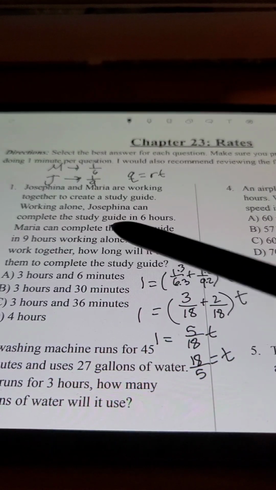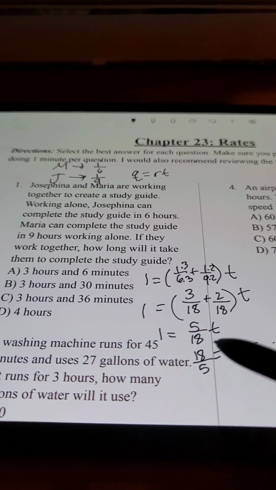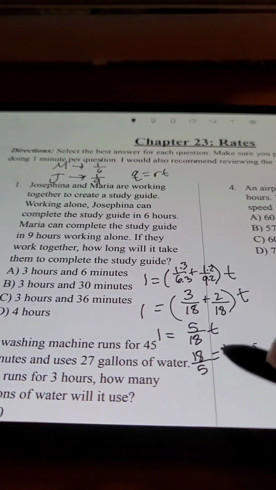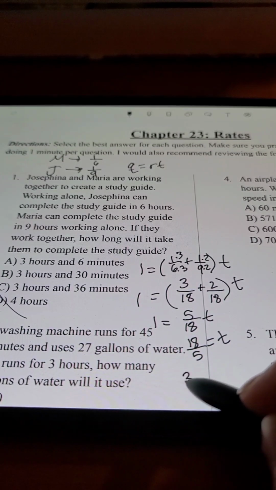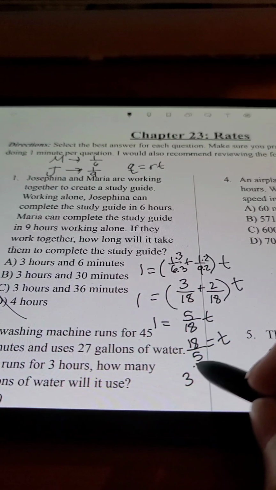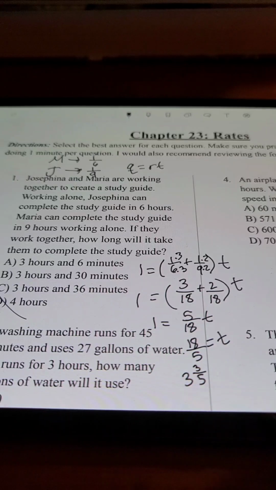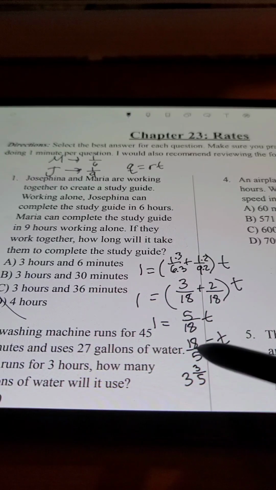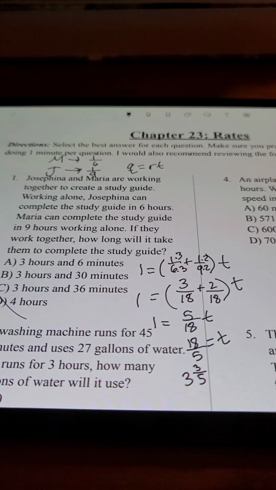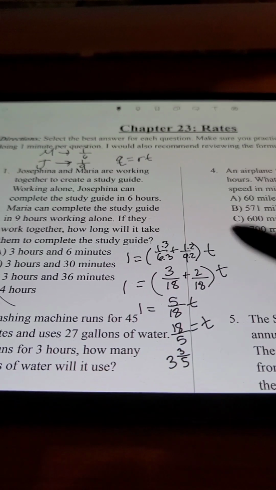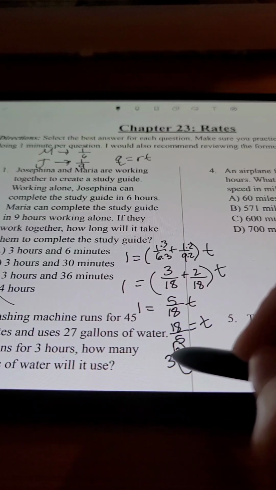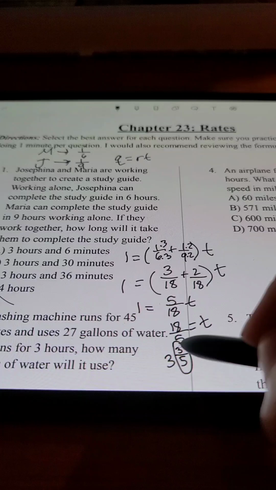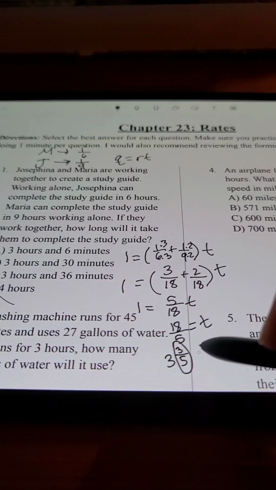Now I need to turn that into hours and minutes. So how many times does 5 fit into 18? Well, it fits in 3 times at most. So it definitely can't be D. So it's going to be 3, and then you're going to have 3/5, because there's 3 left over. It fits in 3 times. 3 is the remainder. Put that over 5, and you have 3 3/5. So now I need to turn this part into the number of minutes, because this is saying 3 whole hours and then 3/5 of an hour.